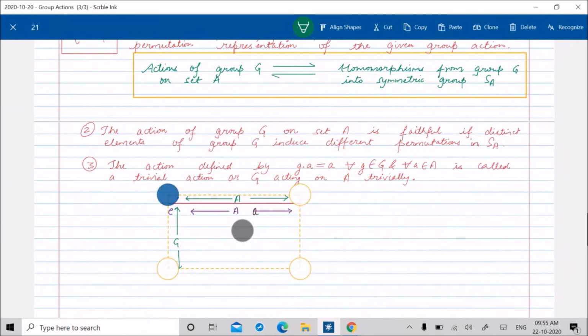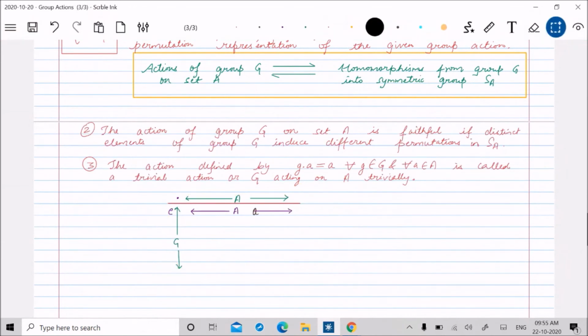You can see that the top row is for the elements of capital A, and this left hand side column is for the elements of capital G, right?